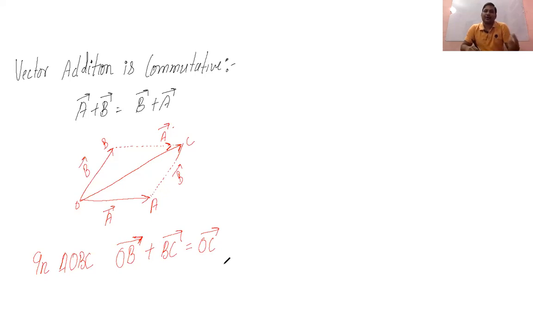So this OC is nothing but the A vector plus B vector, which is basically B vector plus A vector. From here you can write that this OC is nothing but B vector plus A vector.